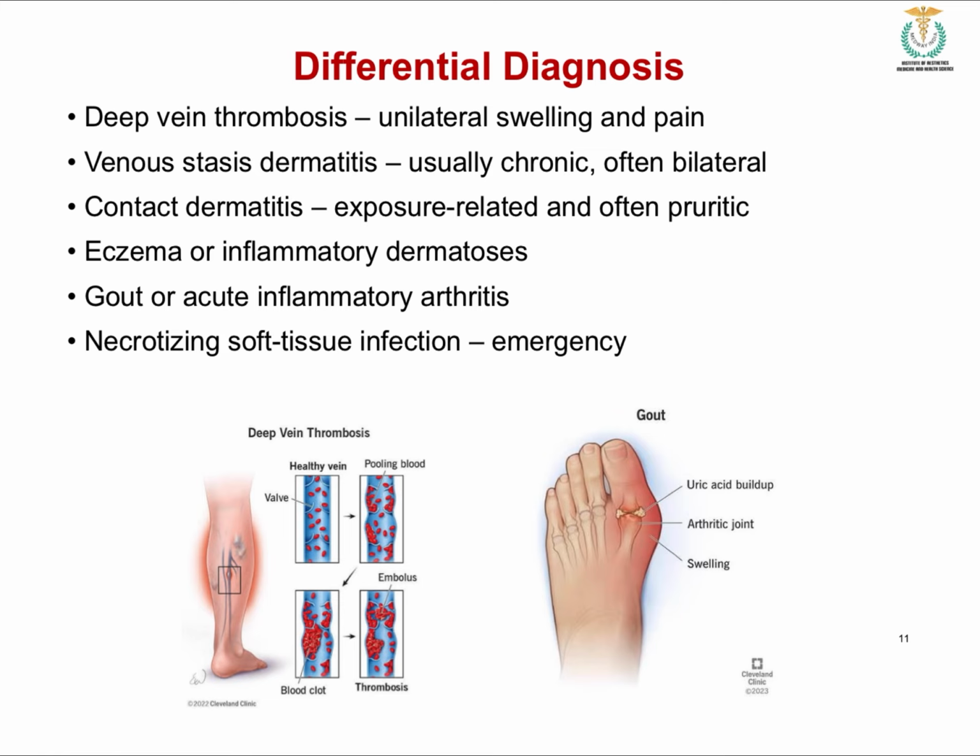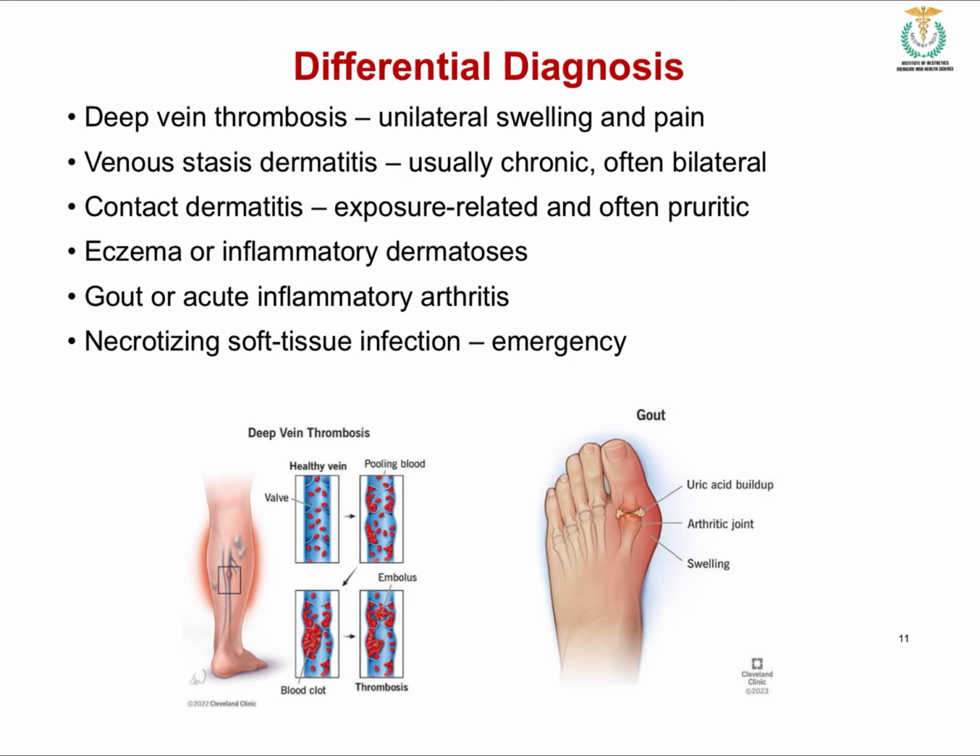Several conditions can mimic cellulitis. The first important differential is deep vein thrombosis, particularly when there is unilateral swelling and pain. DVT does not usually produce the same pattern of superficial inflammatory skin changes, but the distinction can sometimes be difficult. Venous stasis dermatitis is another important condition.